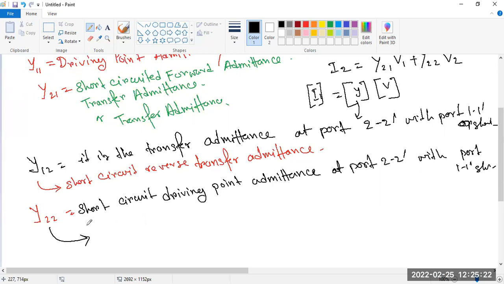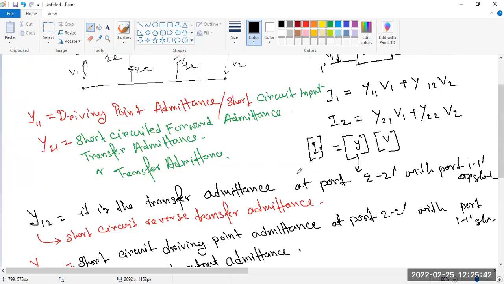It has a specific name: short circuit output admittance.